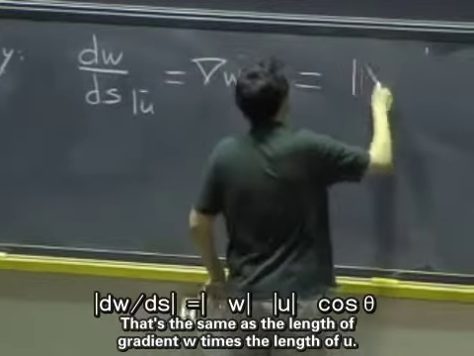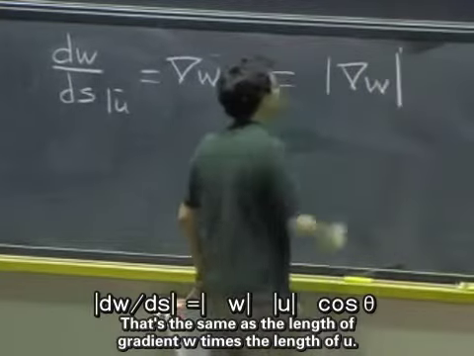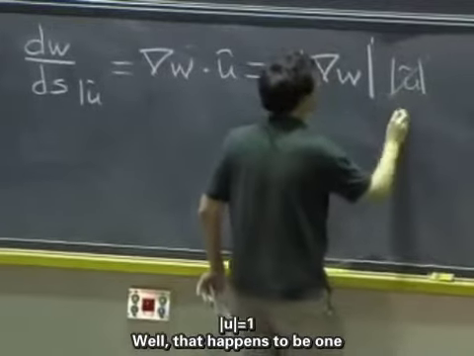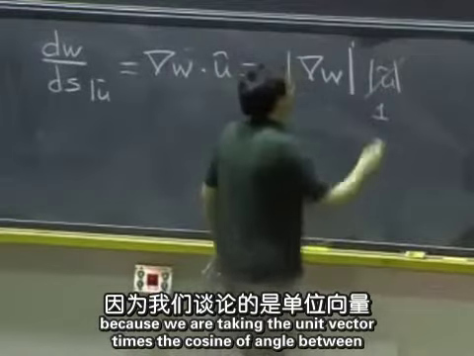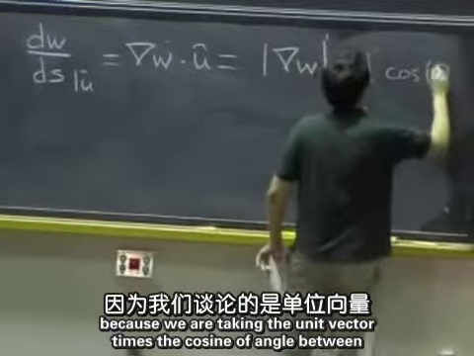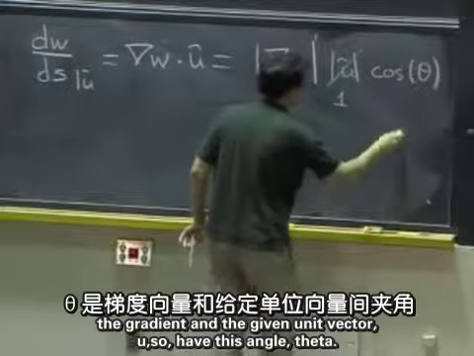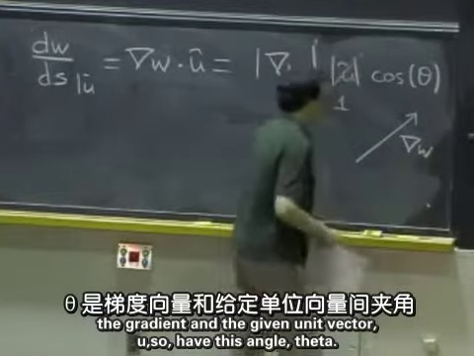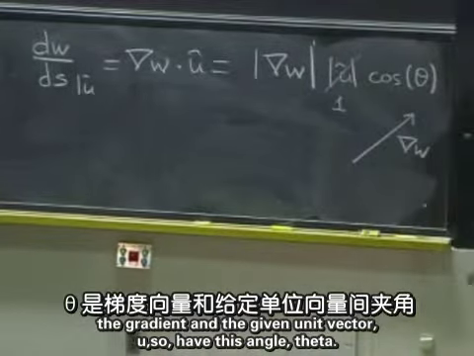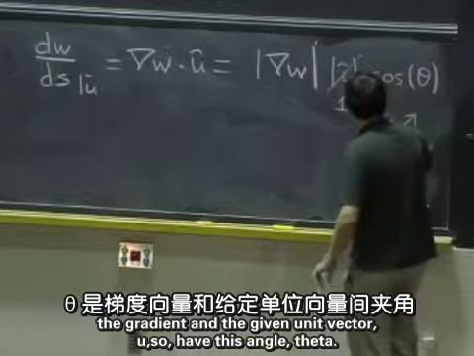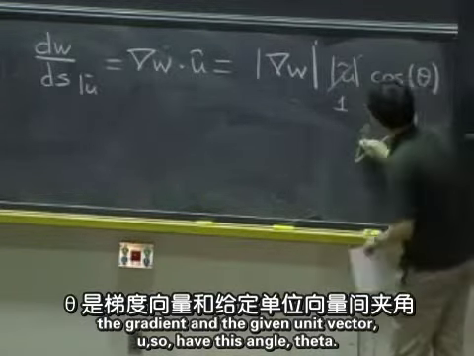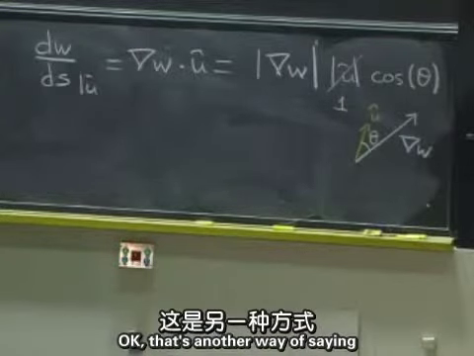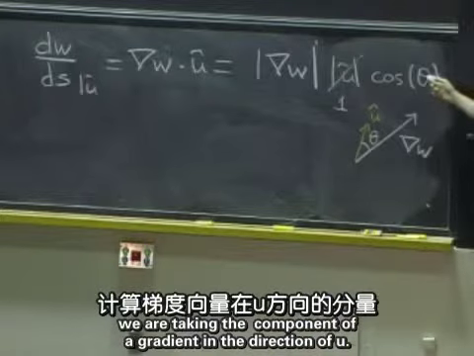That's the same as the length of gradient w times the length of u, well, that happens to be 1 because we are taking a unit vector, times the cosine of the angle between the gradient and the given unit vector u. So we have this angle theta. Okay, that's another way of saying we're taking the component of the gradient in the direction of u.